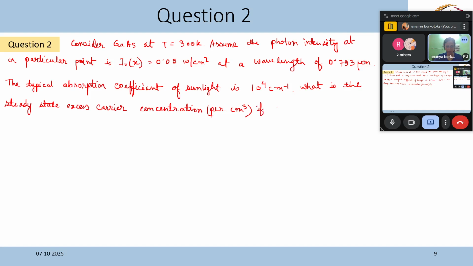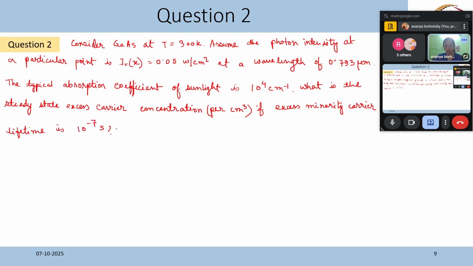If the excess minority carrier lifetime is 10 to the power minus 7 second.